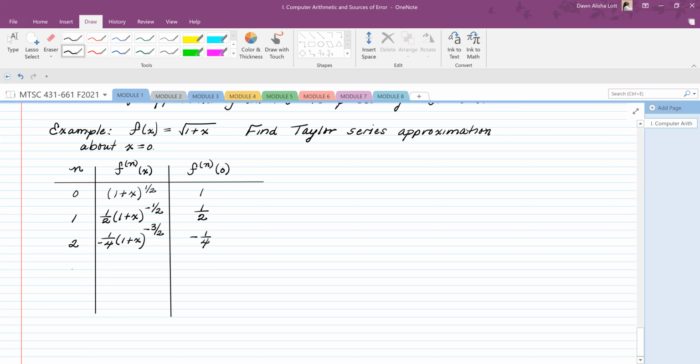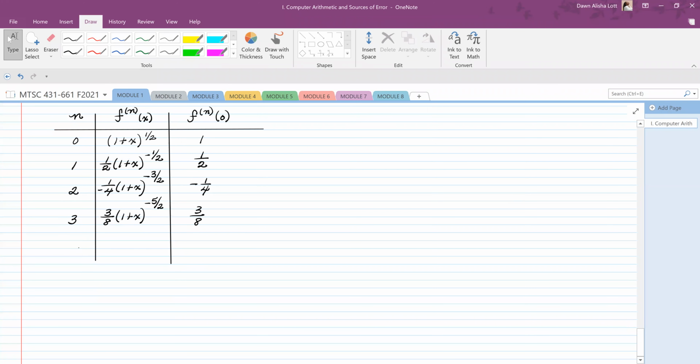If I go to the third derivative, I'm going to end up with 3/8 times 1 plus x to the negative 5/2, and when I put in 0, I get 3/8. I'll do one more. The fourth derivative, I'm going to get negative 15/16 times 1 plus x to the negative 7/2, and when I evaluate it at 0, I get negative 15/16. Now this always works really nicely when there's a formula.